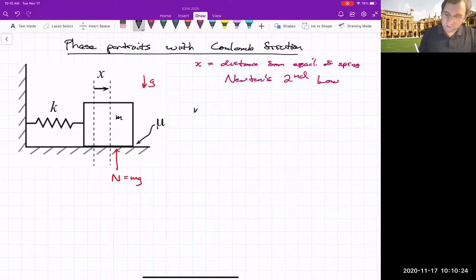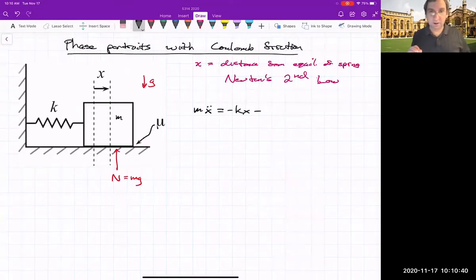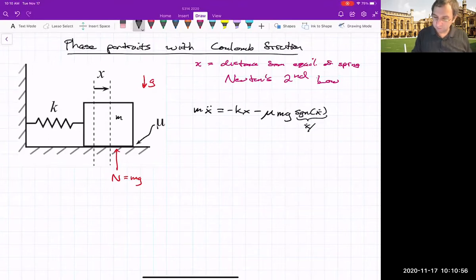Newton's second law would give us mass times acceleration equals the spring force and then the Coulomb friction force. So according to the compact way that we said we could write it up above, this would be mu times N, but N is just mg, and then sign of x dot. And for this, we could put x dot divided by magnitude of x dot for most intents and purposes.